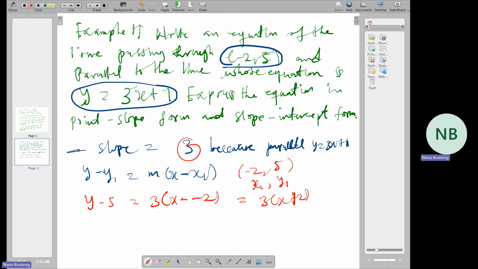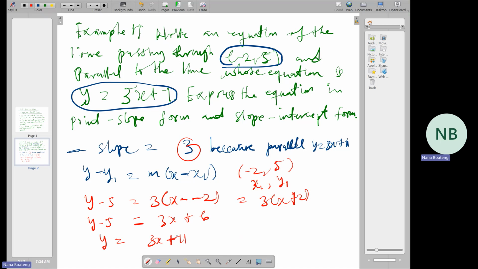We can expand and obtain y - 5 = 3x + 6. Now if we add 5 on both sides, we'll have y = 3x + 11.